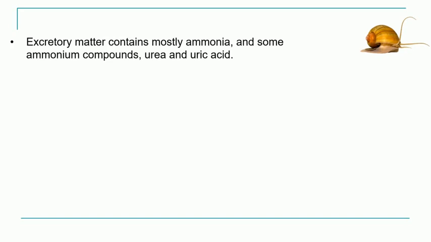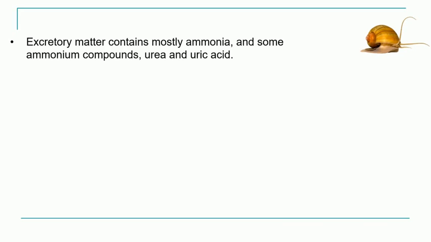Now the excretory waste in case of Pila globosa can be of all three types, that is ammonia or other nitrogen compounds like urea and uric acid. So we know that there are three types of organisms, that is ammonotelic, ureotelic and uricotelic. Ammonotelic organisms are those that excrete ammonia as the excretory product.